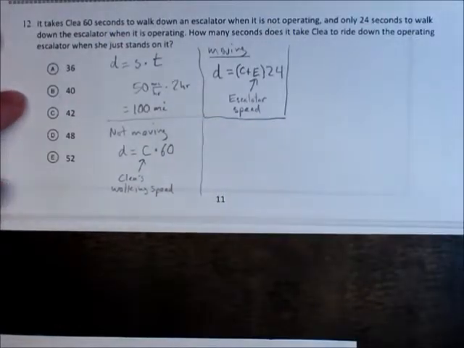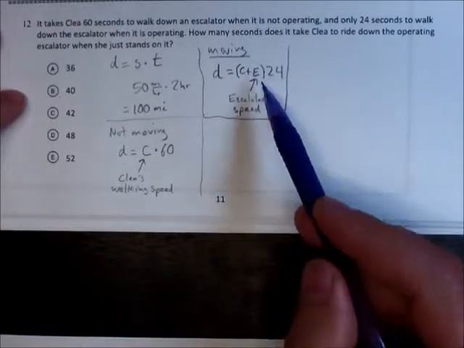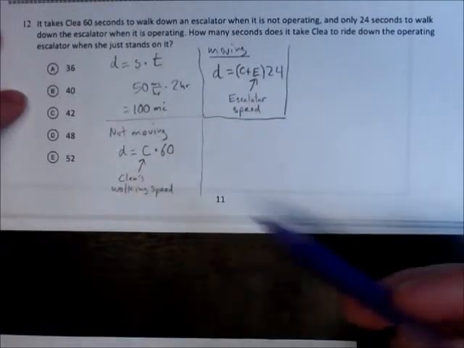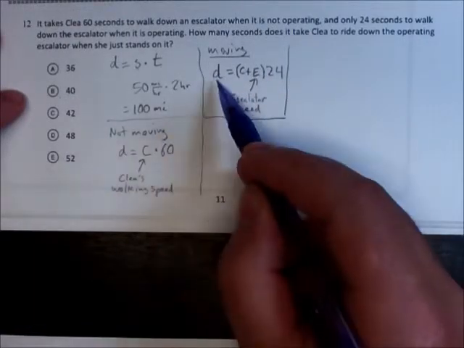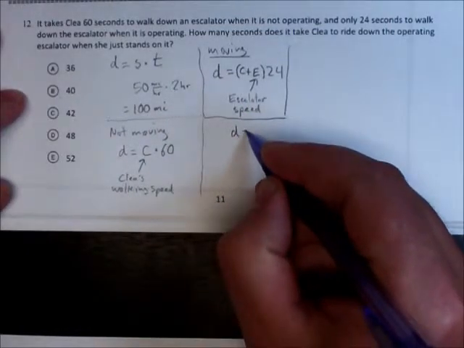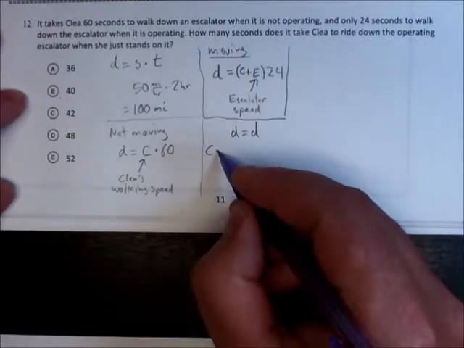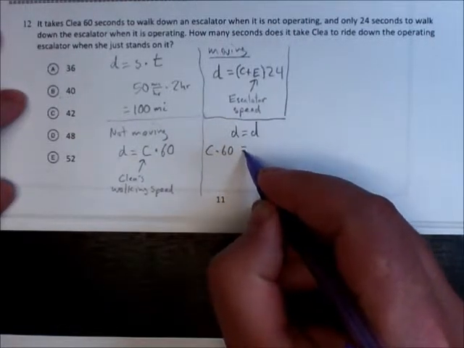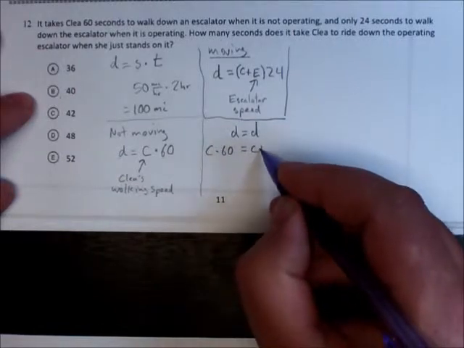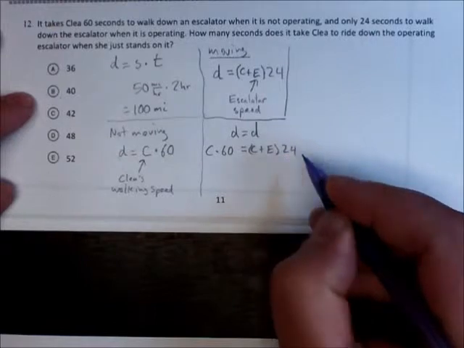All right. So we can use these two facts to basically find E in terms of C. Because these distances are the same, we could say D equals D. Therefore, C times 60 has to be the same as C plus E times 24.